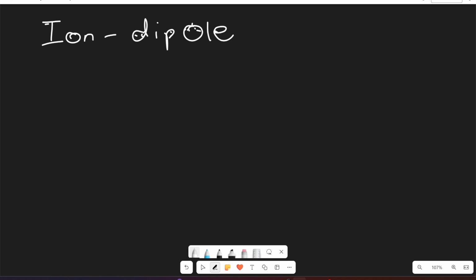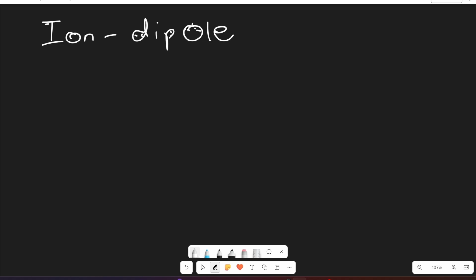Dipole, okay, there, sorry about that. So this is essentially when we have an attractive force between a polar molecule and an ion. And this is actually stronger than H bonding, this type of intermolecular force.